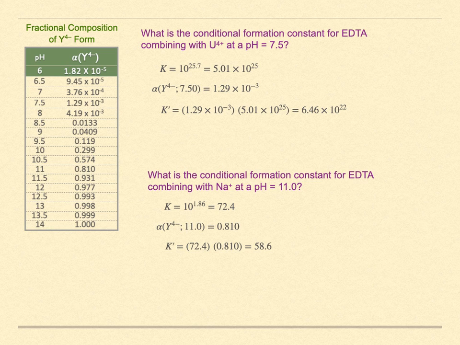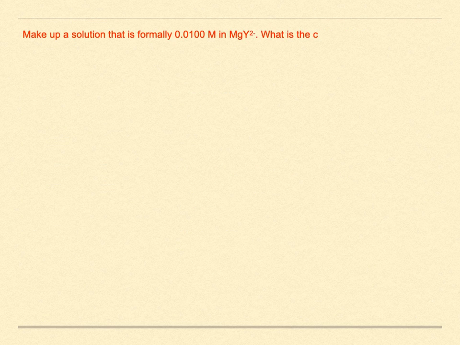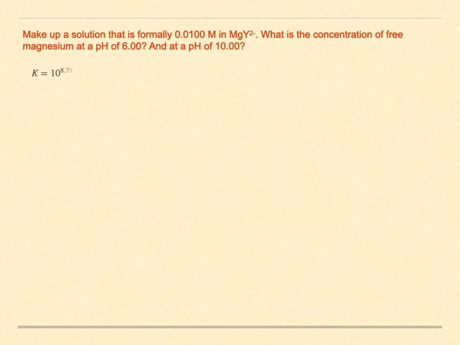So how do we use these constants? Well, another example. Make up a solution that is formally 0.01 molar in magnesium Y2+. What is the concentration of free magnesium at a pH of 6 and at a pH of 10? Here's the K value for magnesium and the fractional composition for both pHs.